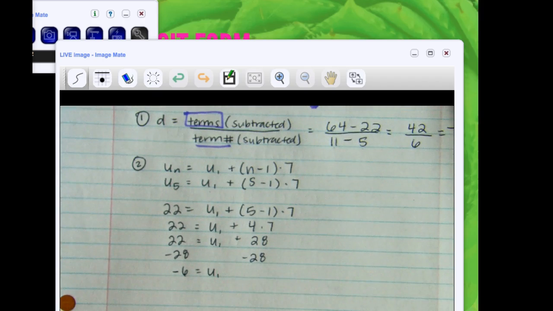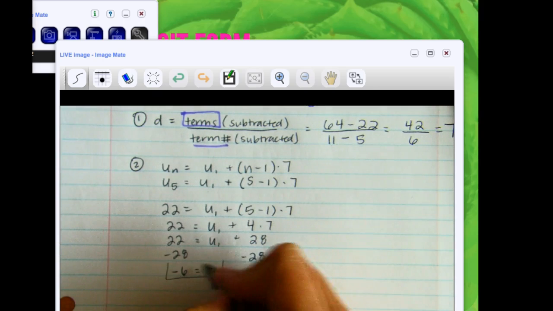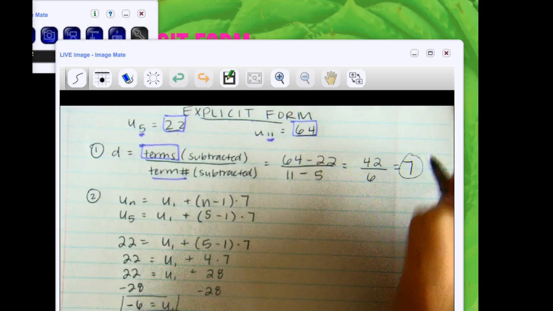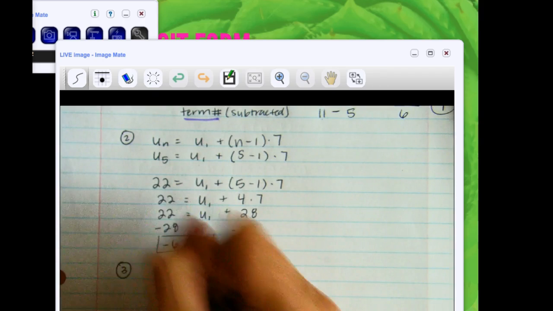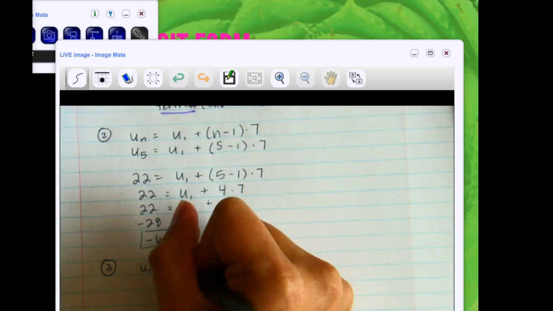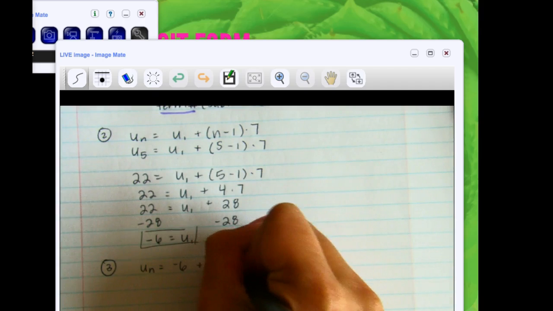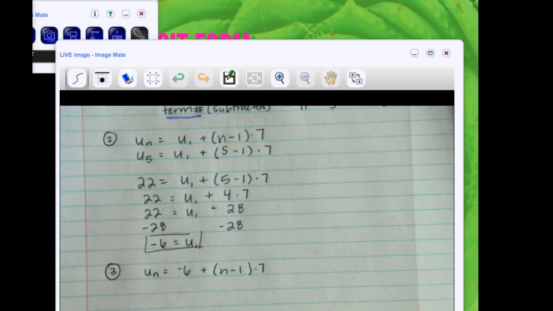So now I have all of the pieces to write my explicit form. I've got u sub 1, and I've got my difference. So I'm into my third step. My explicit form is going to be u sub n is equal to negative 6 plus n minus 1 times 7. And that's the end.